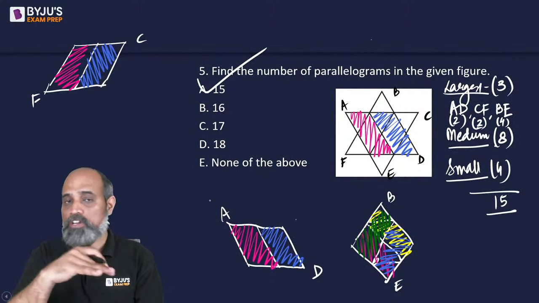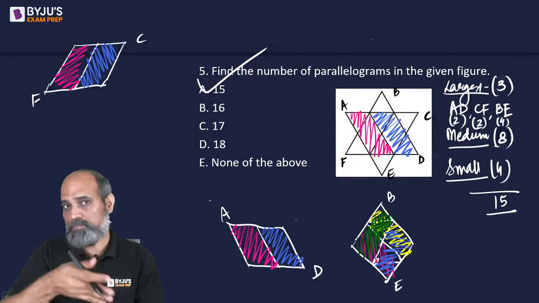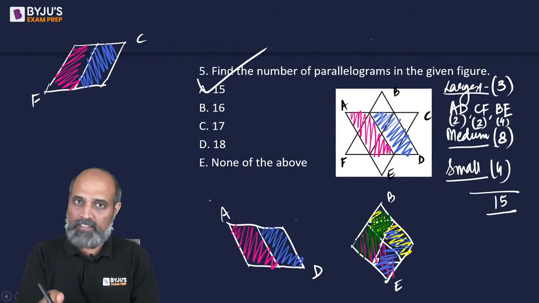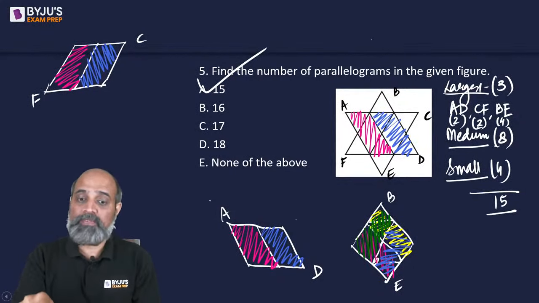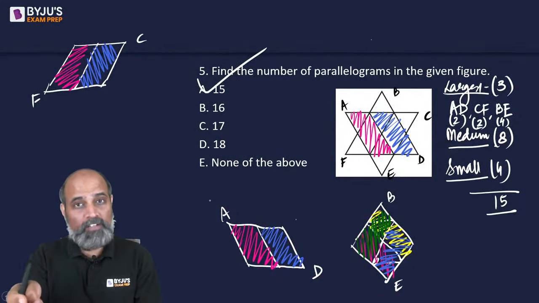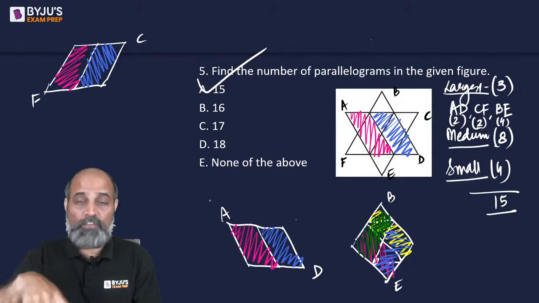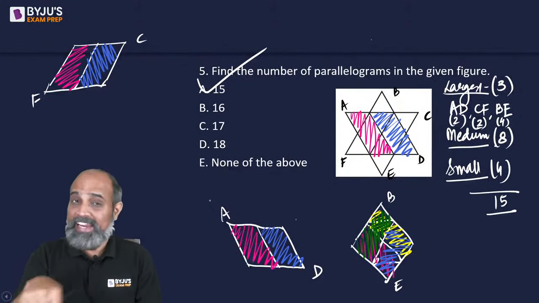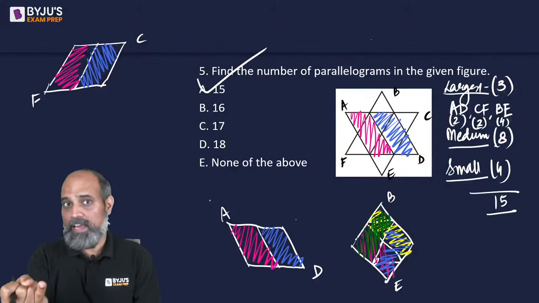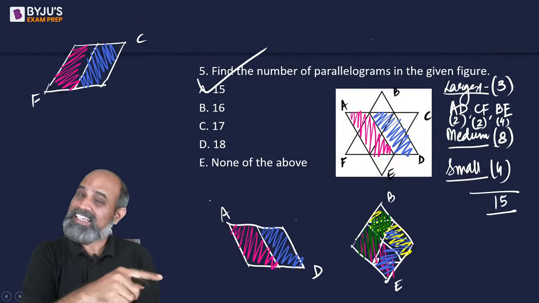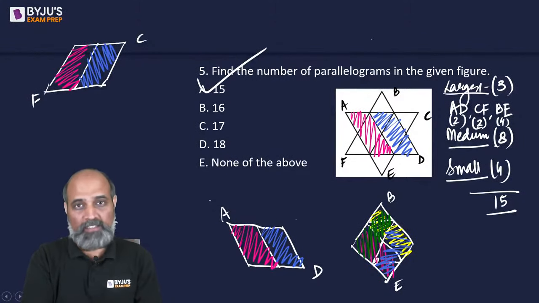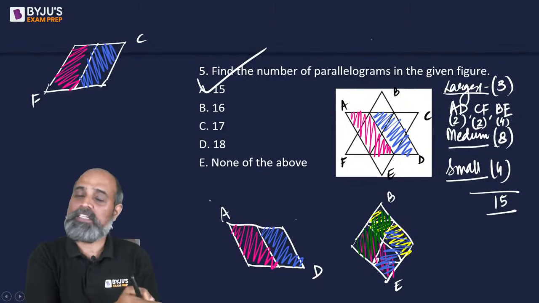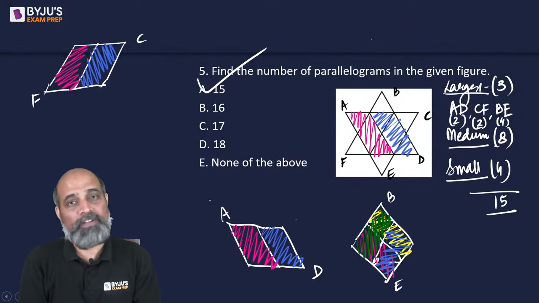Since there are no horizontal lines between those slant cuts, you will not get more diagonals. So we get two from BE. Sorry, we get four medium-sized parallelograms from BE itself along with BE, that is 5. In the AD parallelogram, AD itself is one and we get 2 more, so that's 3. In CF, we get CF as the one parallelogram and 2 more, so that's another 3. So 5 plus 3 plus 3 gives us a total of 11.